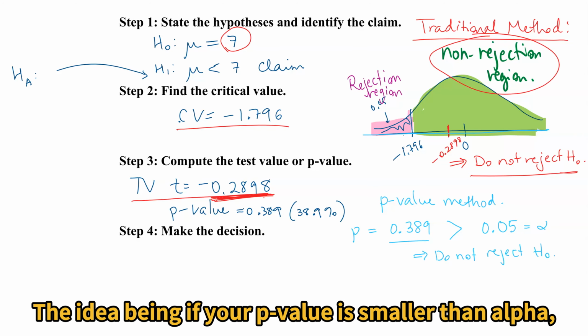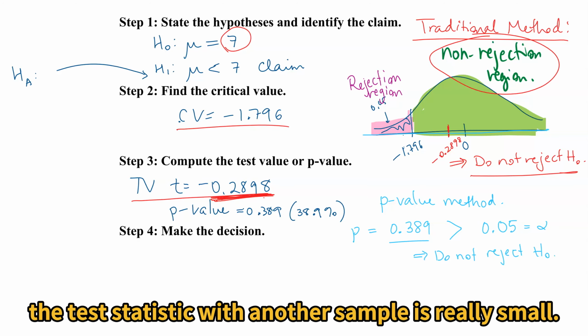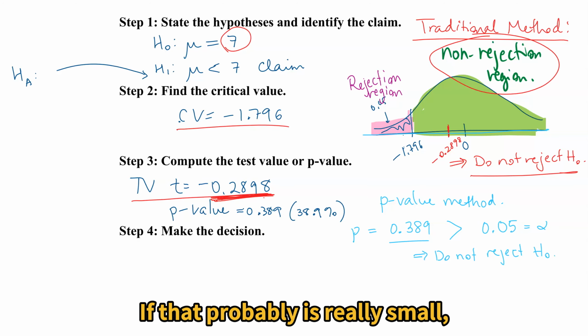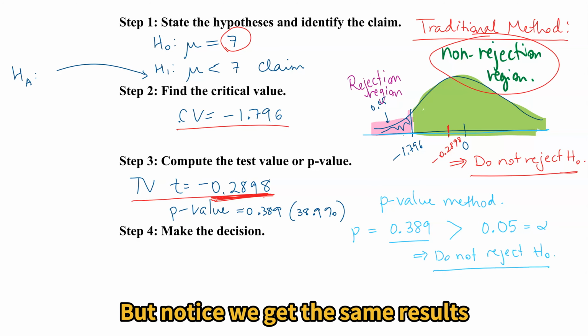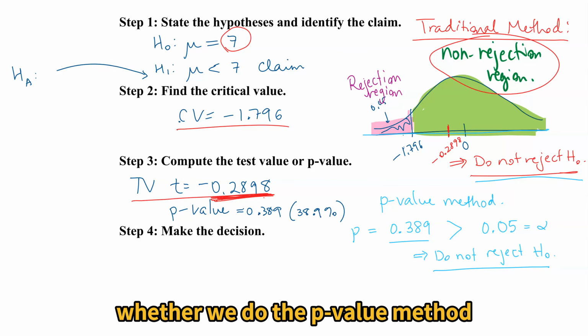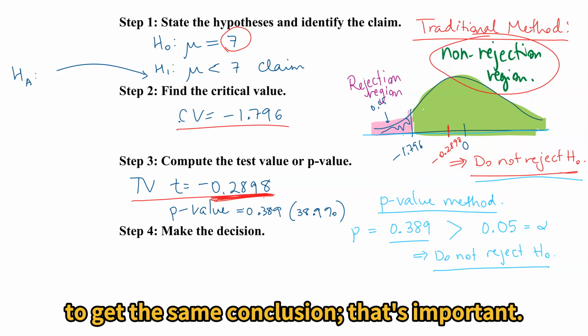The idea being, if your p-value is smaller than alpha, that means the probability of getting the test statistic with another sample is really small. If that probability is really small, then it's very unlikely that the null hypothesis is true. But notice, we get the same result whether we do the p-value method or the traditional method. That's important.